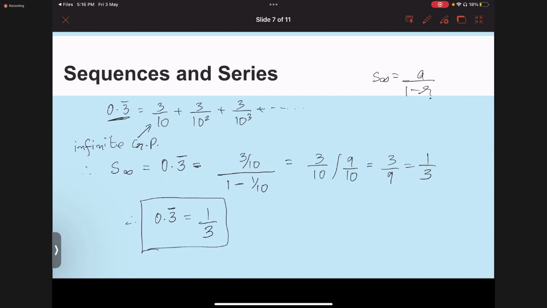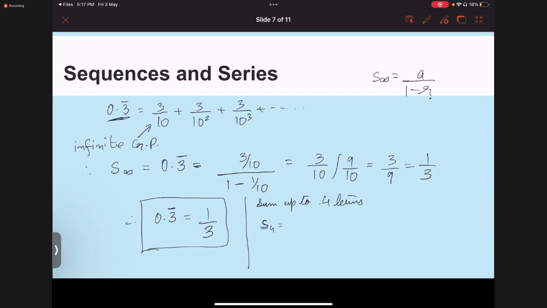Now over here we actually found the sum of the infinite terms in the progression. Suppose we were asked to find the sum up to say 4 terms. So 4 terms, you can easily find your Sn.